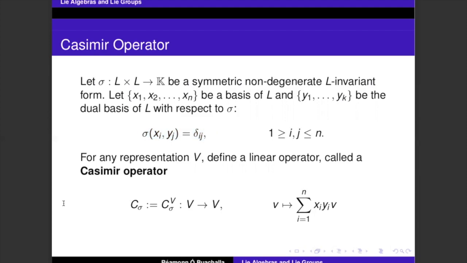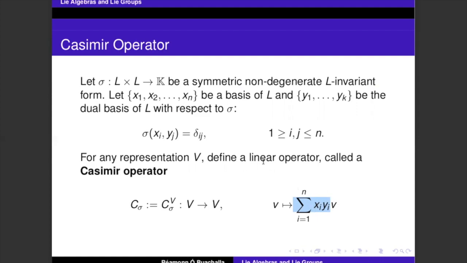Okay, so we choose a basis, take a dual basis, and then we use this dual basis to define the Casimir operator. So this is an operator that goes from the representation to the representation. How does it work? It acts on any element v as multiplication. Well, just to be sure what's going on here, I guess we should really have a bracket here to be more careful. We operate y_i on v, and then we operate x_i on v.